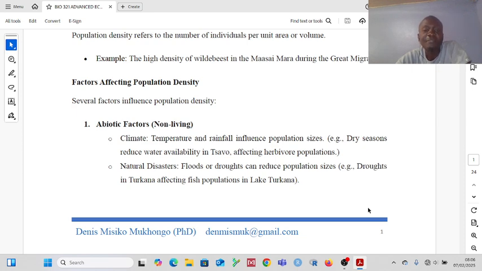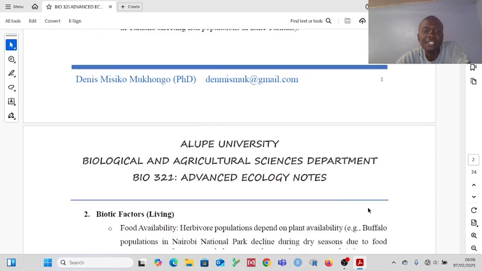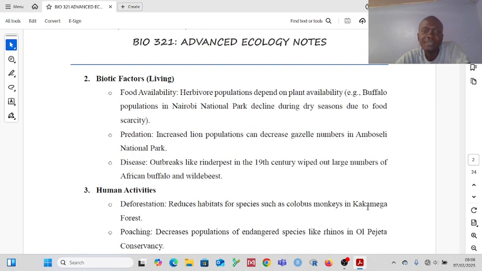Animals that can run away will run away. When there are floods, so many animals will be killed, so many plants will be washed away. This will lead to a reduction of the size within the area that the disaster struck. The second group of factors is the biotic, the living.